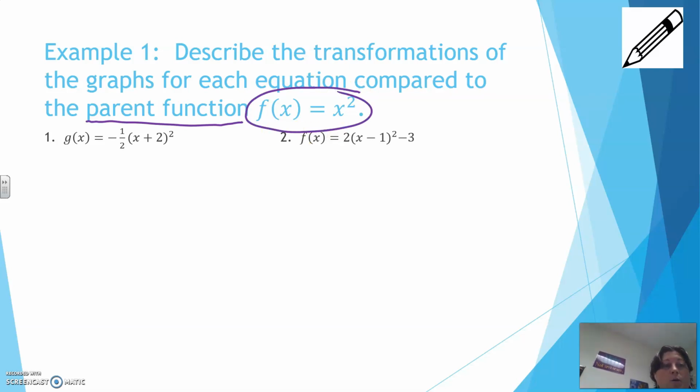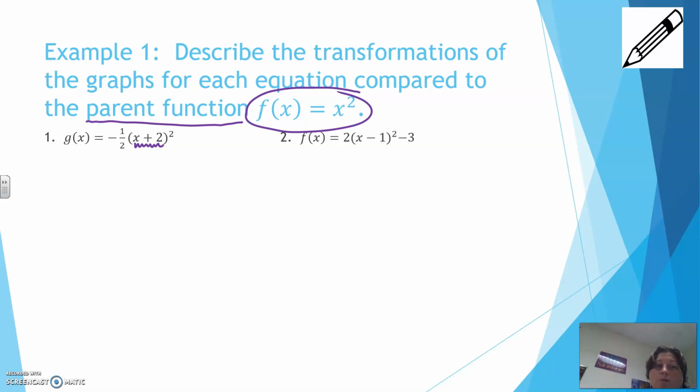Okay, so when I look at number 1, g of x equals negative 1/2 times (x plus 2) squared, I actually see 3 things going on. Whenever I describe transformations, I'm always going to look for the pluses and minuses first, and in this case, I see an x plus 2 inside parentheses.